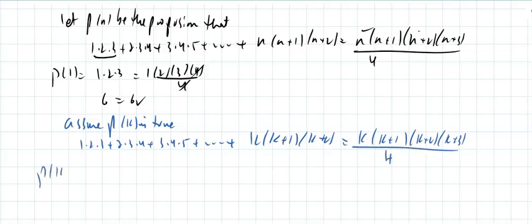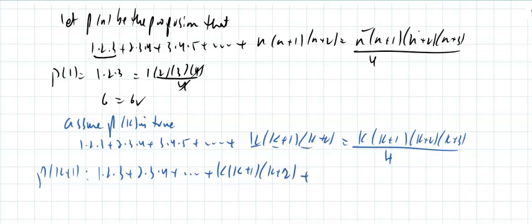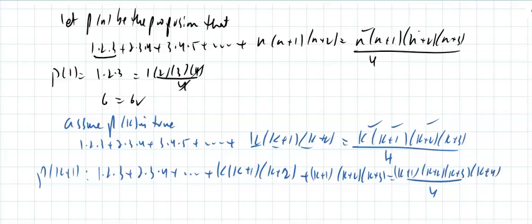Well, for P of k plus 1, we are going to take 1 times 2 times 3 plus 2 times 3 times 4 plus the kth term, and then the k plus 1 term. So replace each of those by k plus 1. Must equal that over 4, boosting those by 1. And that's what we want to prove.